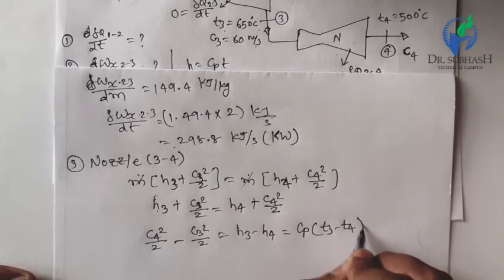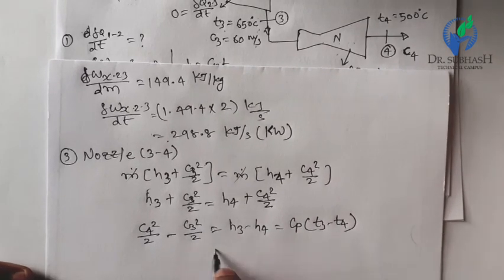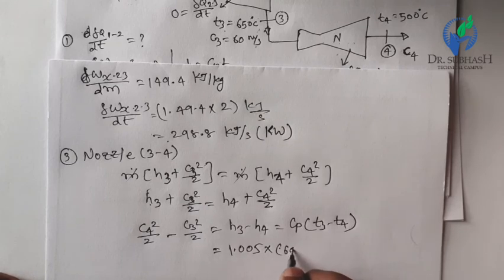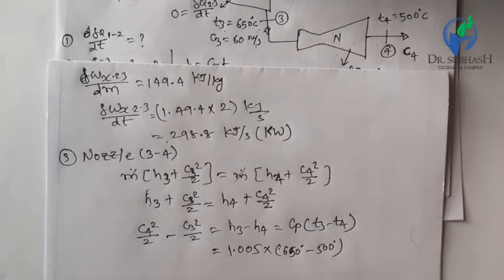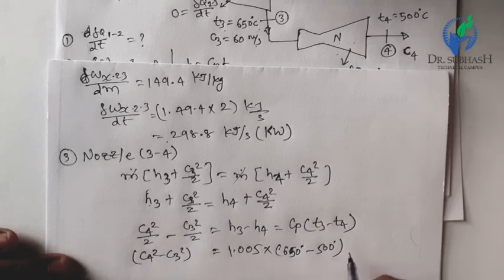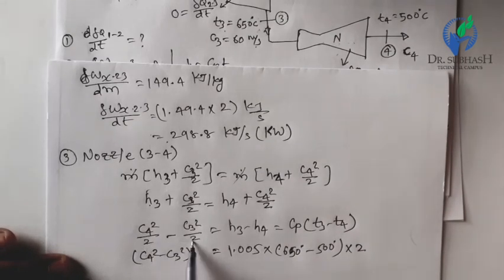And on the left hand side, this is C4 square minus C3 square, because we will multiply the whole equation by 2, and in this equation we get the answer in terms of C4 square minus C3 square equal to 301.50 multiplied by 10 raised to 3 meter square per second square here.